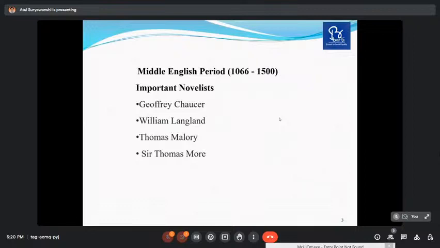After that, the prominent figures are William Langland, Thomas Malory, and Sir Thomas More. So these were the prominent figures in the Middle English period. Apart from these writers, there were many others, but they are insignificant for the sake of study.